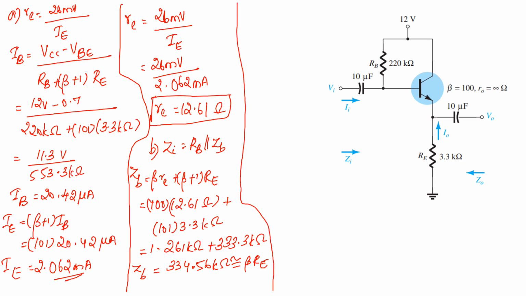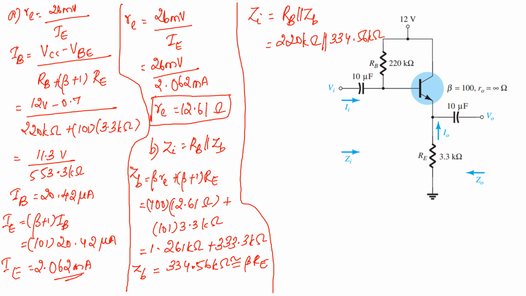So once you have got the value for ZB, can you calculate what is your ZI? ZI will be equal to capital RB parallel to ZB. So what will be your capital RB value? RB is equal to 220 kilo ohm, and what is your ZB? ZB is equal to 334.56 kilo ohm.